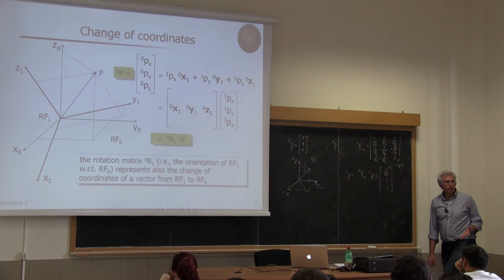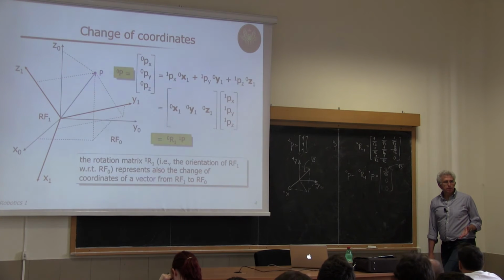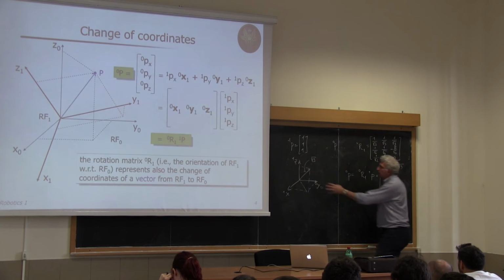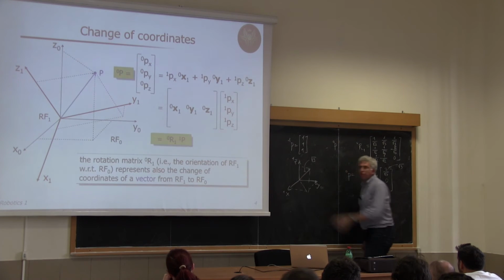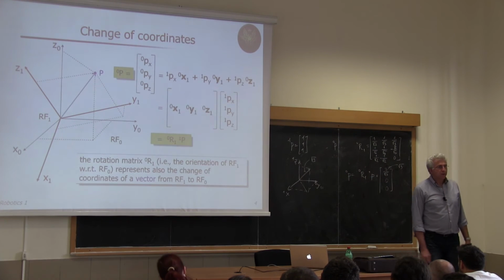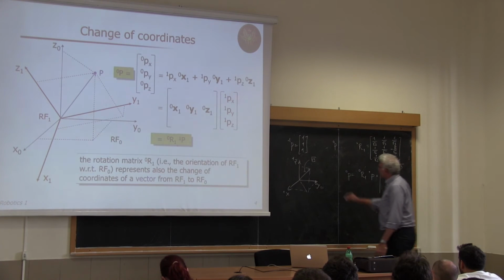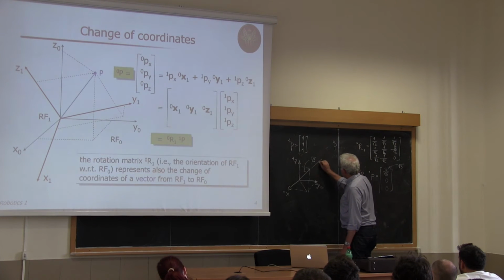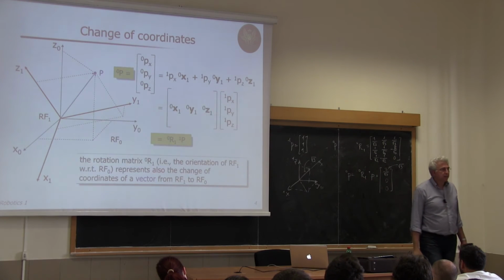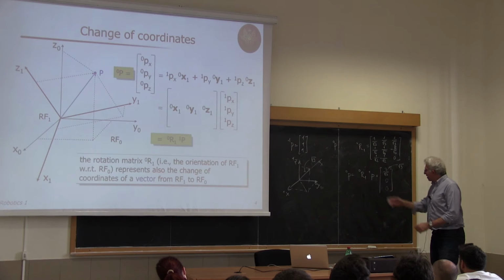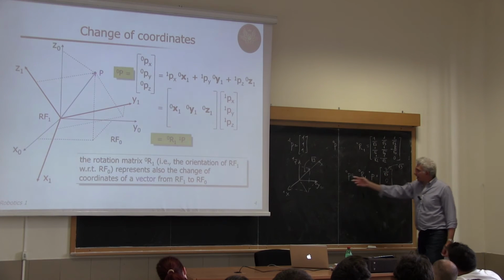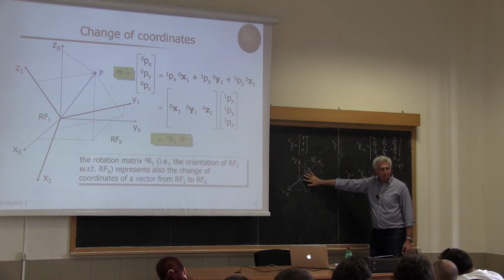Do you agree? If I now need to draw here, where is frame 0? Well, I can say that this axis is the x0 axis. Why is that? Because the vector didn't change. No?